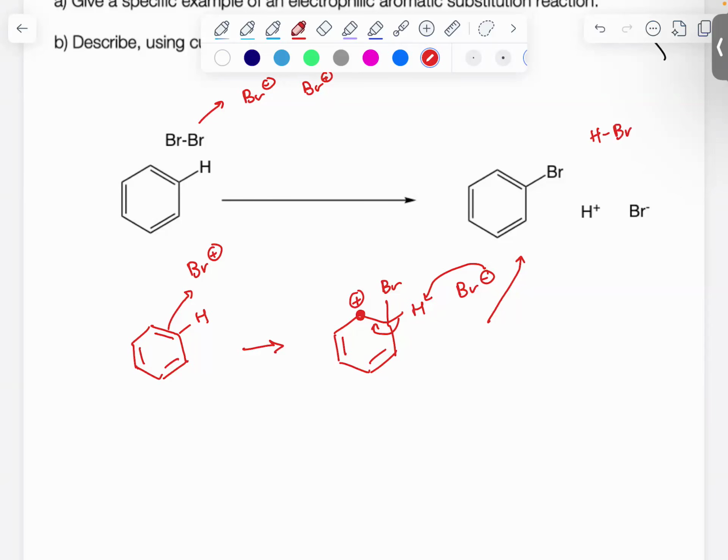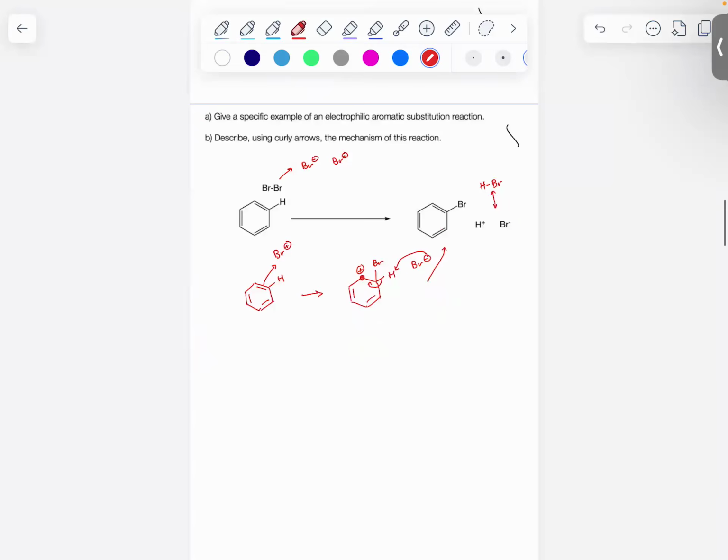HBr is a strong acid and exists in its ionic forms as well as its bonded forms. No, either would be fine. Other questions on this one? Moving on.